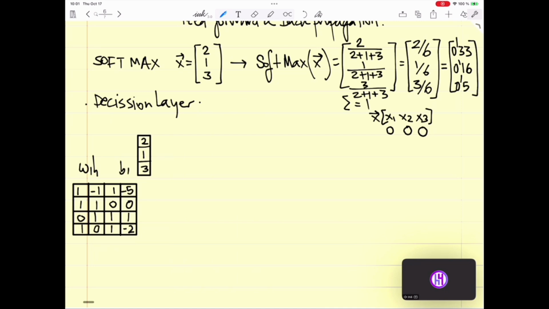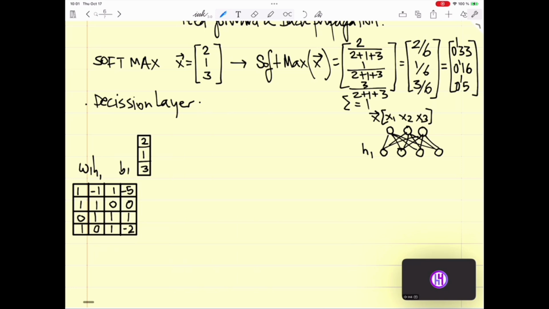I guess this is the first hidden layer with 4 elements.